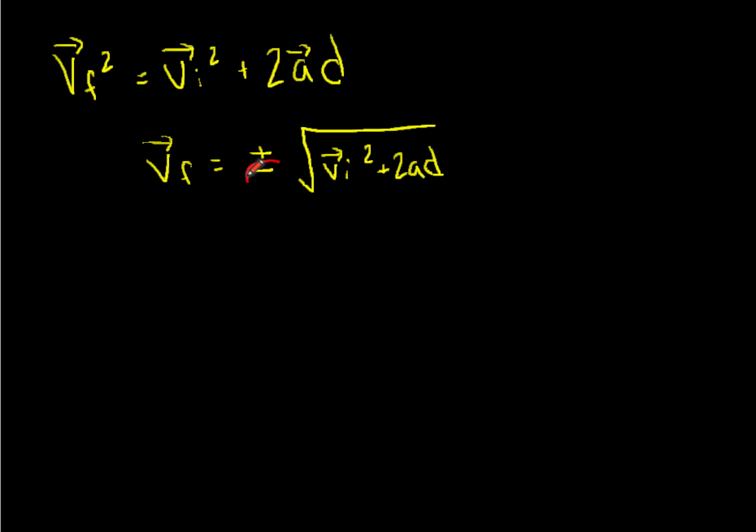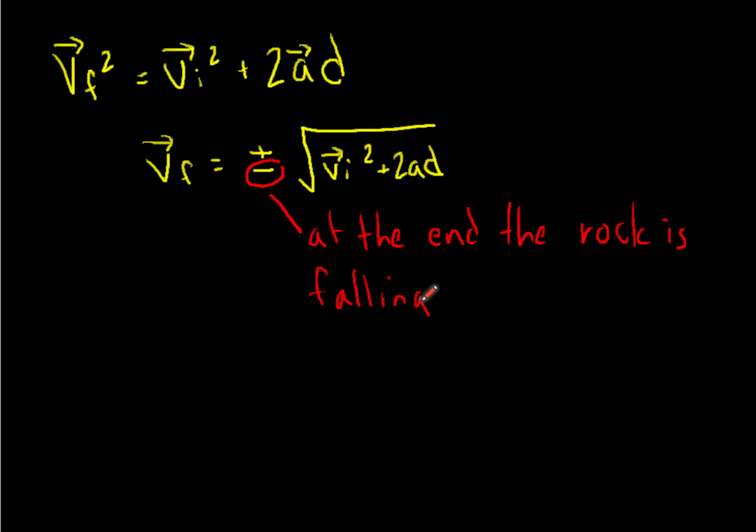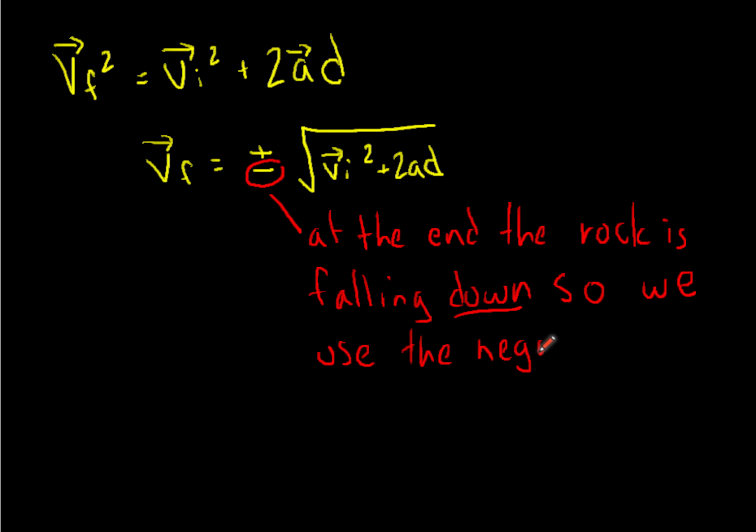Normally we ignore it, but Vf is a vector, so the negative actually does matter. At the end, the rock is falling down. Just before it hits the ground, Vf, it's falling down. So that means we want to use the negative because of the down. This is going to be important in our calculations and it will change the numbers.